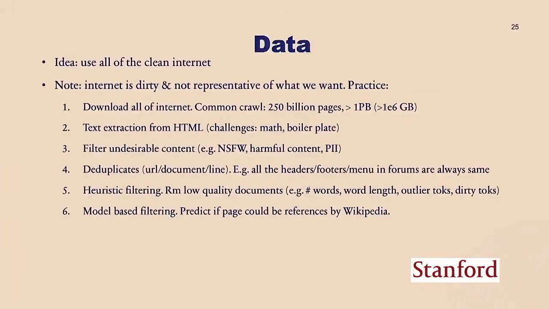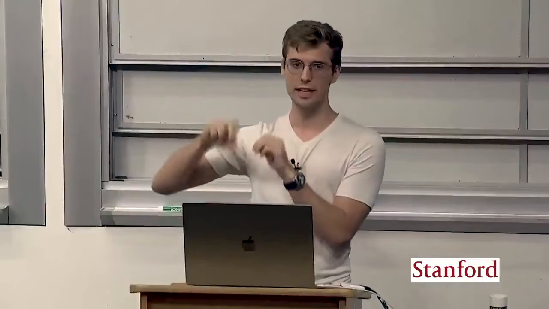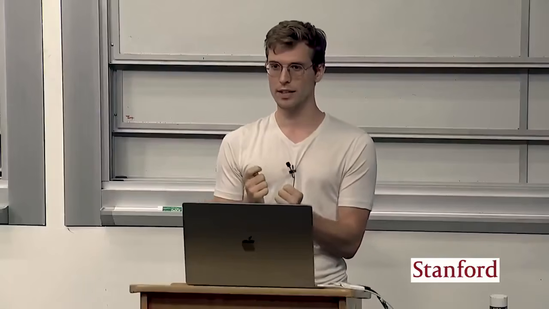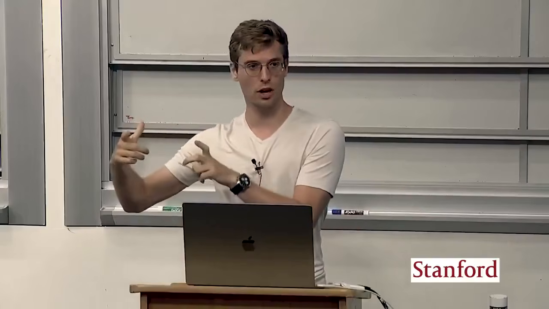Next step, model-based filtering. So once you've filtered a lot of data, what you will do, and that's actually a very cute trick, is take all of Wikipedia and look at all the links that are linked through Wikipedia pages. Because if something is referenced by Wikipedia, it's probably some high-quality website. And you will train a classifier to predict whether a document comes from one of these references from Wikipedia, or whether it's from the random web.